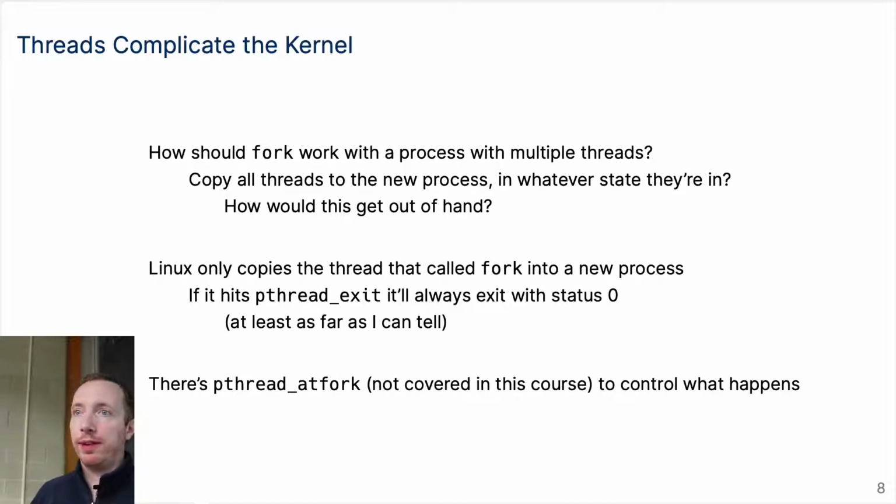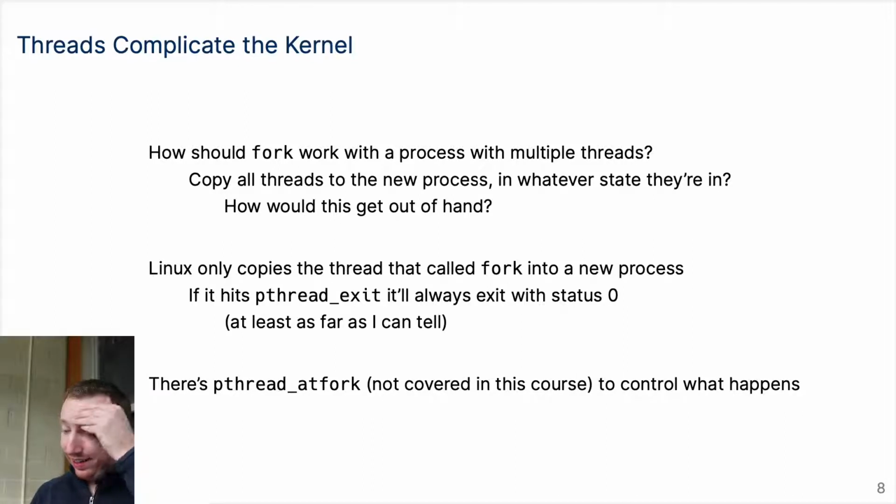Yeah, so the question is, if I created 10 threads and within the run of all those 10 threads there was a fork, this rule still applies, but it would create 10 new processes, and each of those new processes has a single thread, which would be a copy of whatever thread called it. Good question, and we could fork bomb ourselves even faster if we just had our loop inside of that.